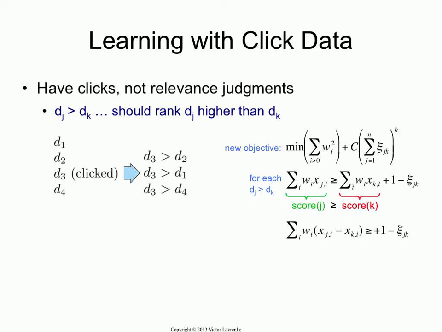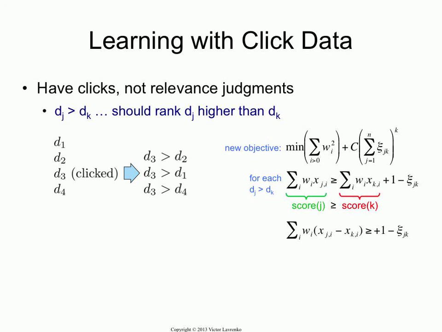These are just the importance of the different features that you have, and you're multiplying them by the jth document and by the kth document. So I could just take the difference between the documents, multiply it by W, and have that. And that looks exactly like the SVM formulation that we had two slides back. Only now we have a difference between the two documents, not just a single document.